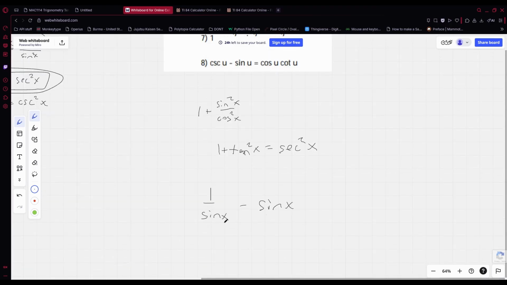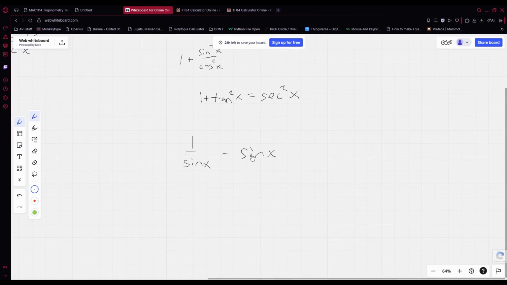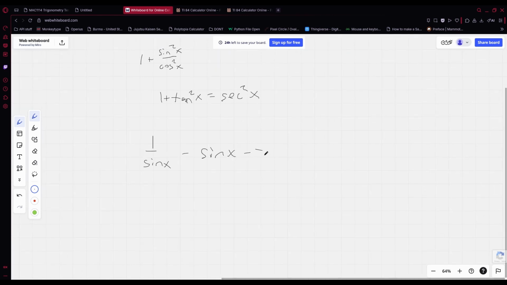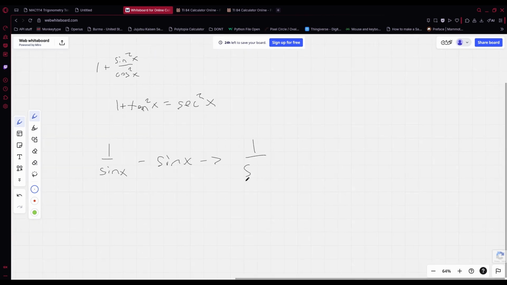Okay, what do I do now? Well, I want these two to interact, so I'm going to put them on the same denominator. So I'll multiply both sides. Actually, I don't have to multiply both sides. This has a denominator of sine x. I can just give this a denominator of sine x. So what I can do is I could say 1 over sine x minus sine squared x over sine x.